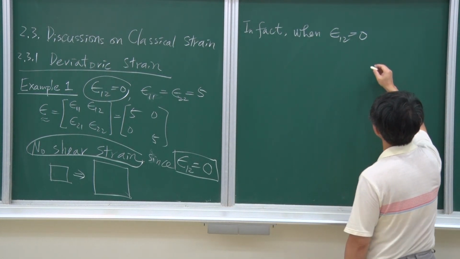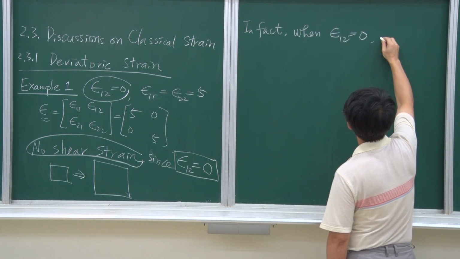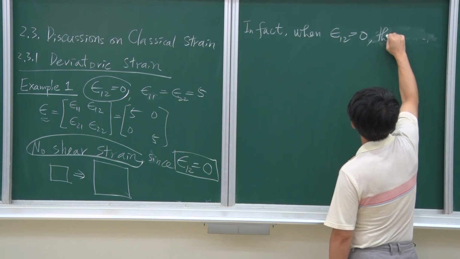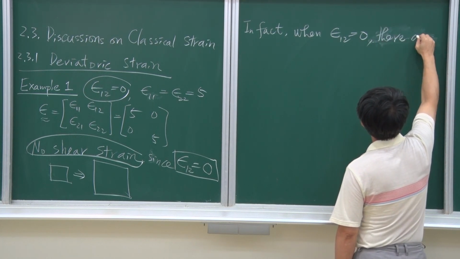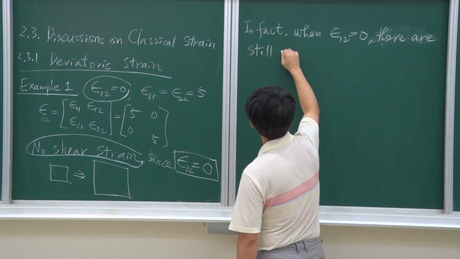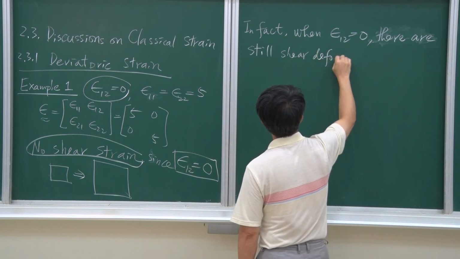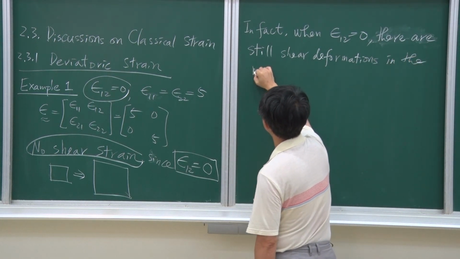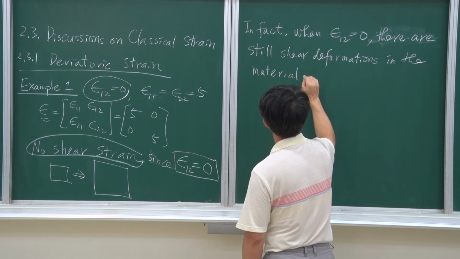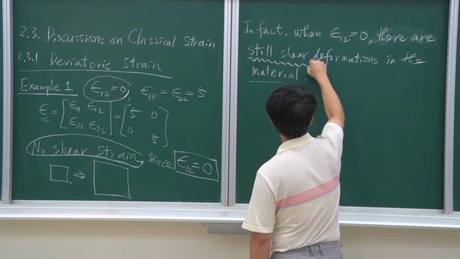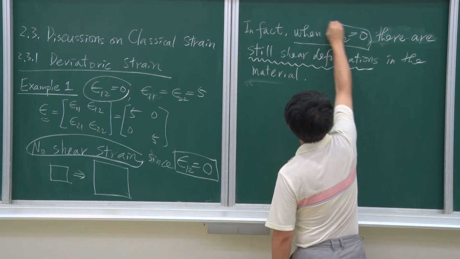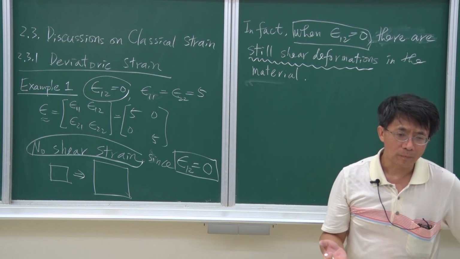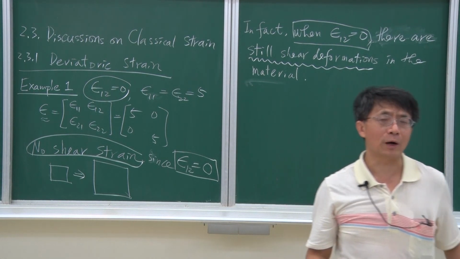When the shear component epsilon 1,2 equals 0, because of the name of the term, you think that epsilon 1,2 is a shear strain.